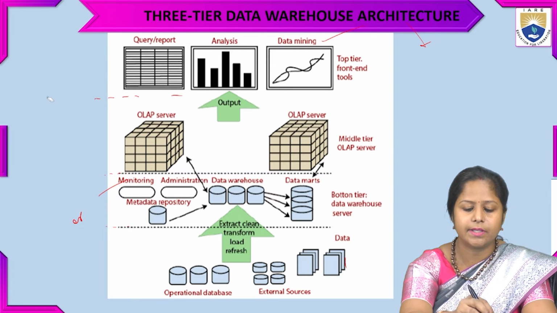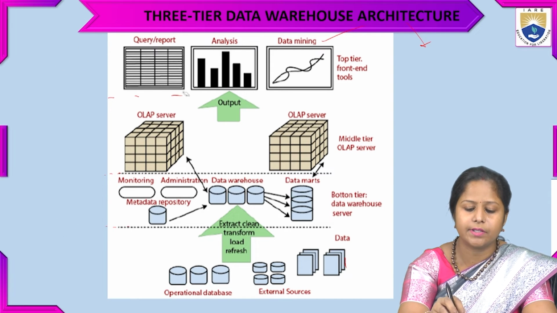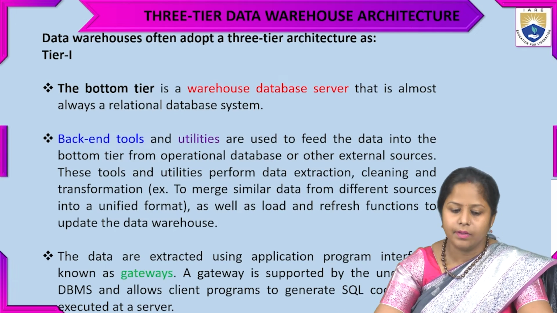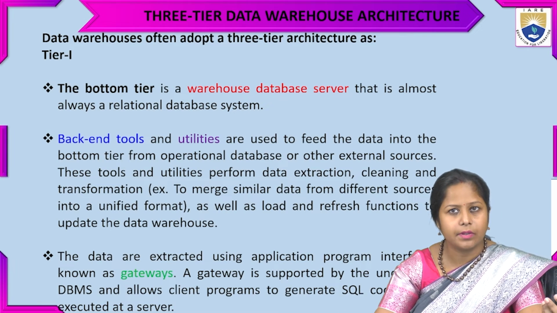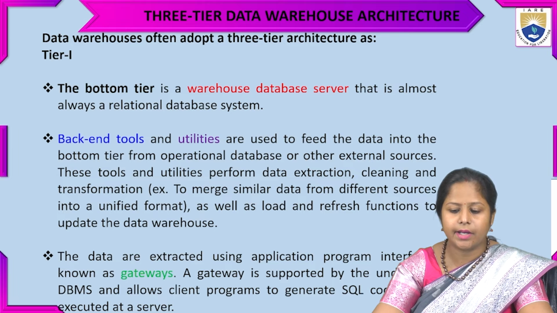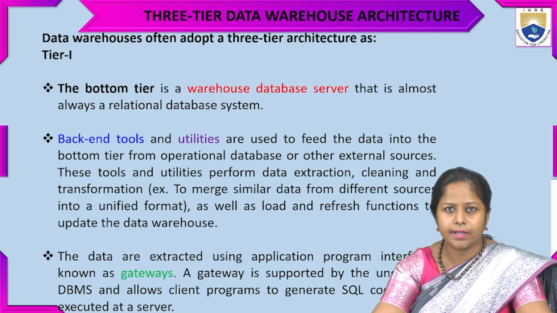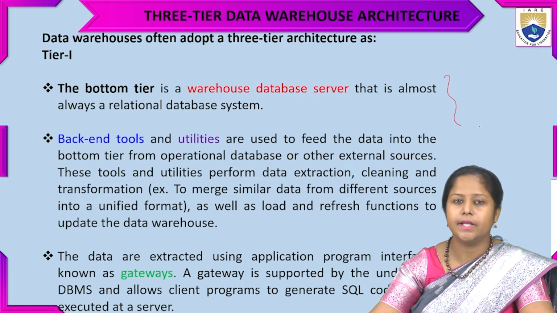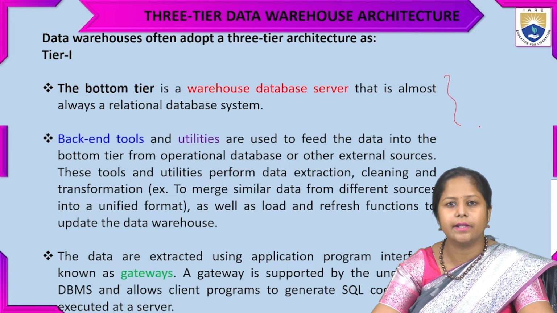It is basically divided into three parts. Data warehouse has a three-tier architecture, right? So in the first tier, the bottom tier, it is a data warehouse server that almost always acts like a relational database management system.